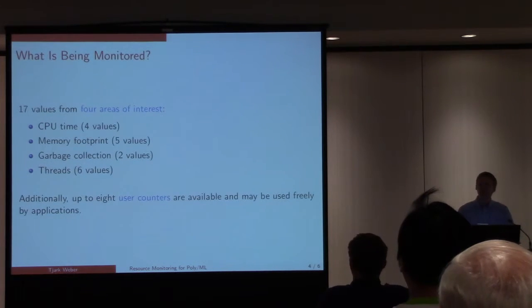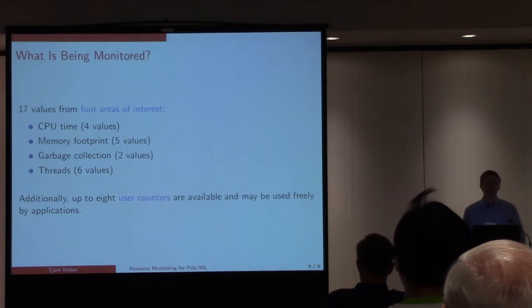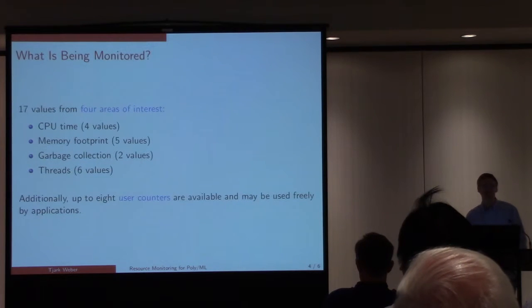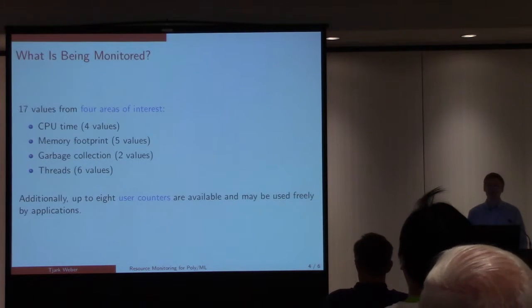Then we have various values to look into the memory consumption. We can look at the total heap size, at the size of the allocation area, at the free memory in the allocation area, and other things, like memory free since the last garbage collections.